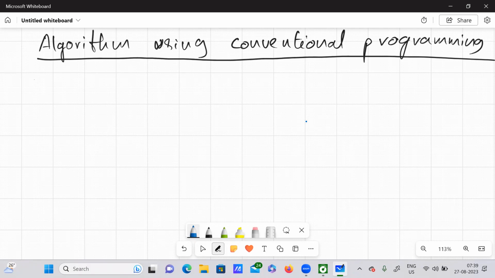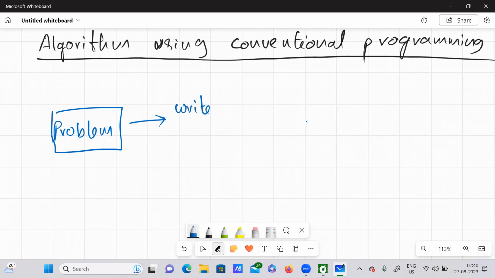So for example, we have a problem. Here, this is the problem. For this problem, we understand it first, and after understanding it, we write a few rules or a few logics. So we write some of the logics for this problem.